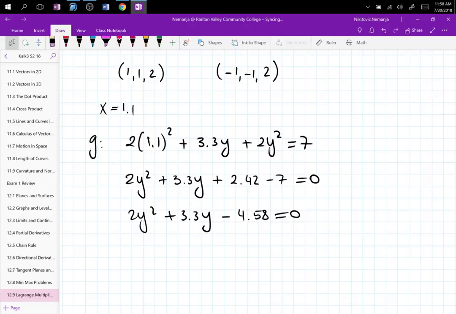You just say solve, and then you type in the equation. So that's going to be 2y squared plus 3.3y minus 4.58 equal to 0.